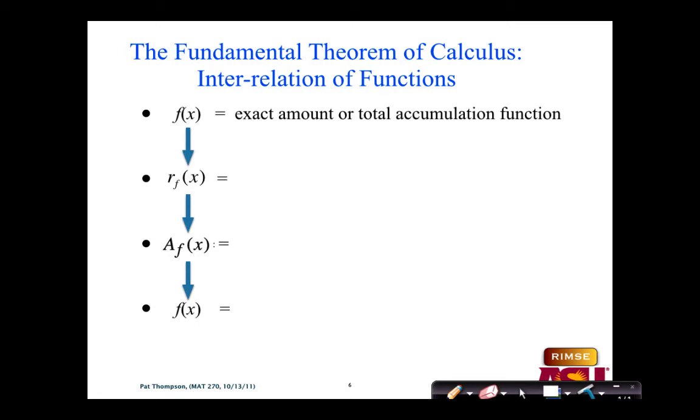So if I have this function f of x that gives me an exact total accumulation of something, whatever it is, I can find a rate of change function from it, which is what we've just been talking about. If I have a function that tells me how much of something I have, how do I determine at what rate it's changing?